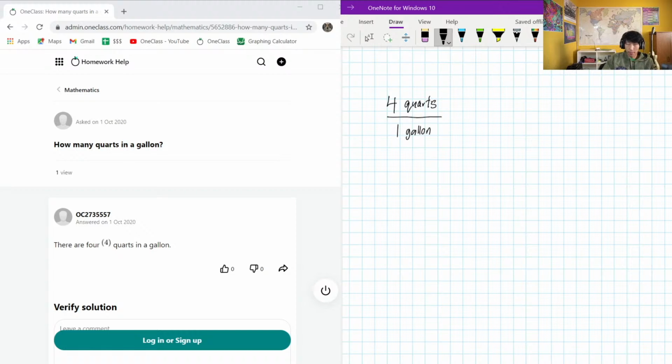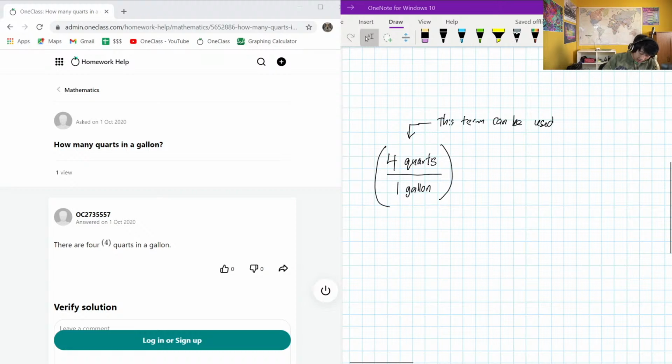Okay, so knowing this conversion, we can use this term to change between quarts and gallons.